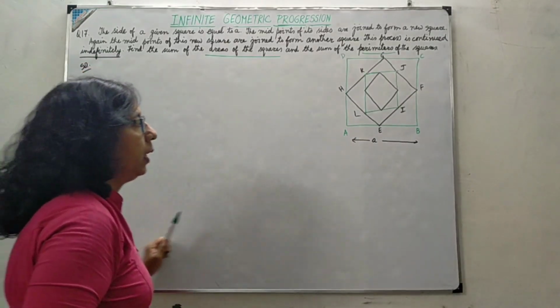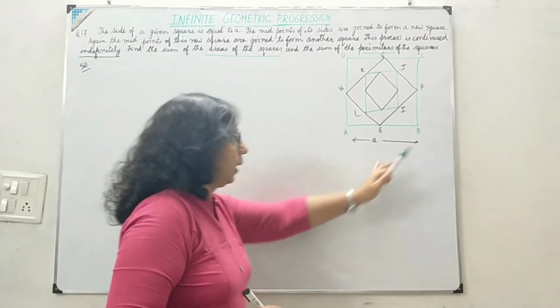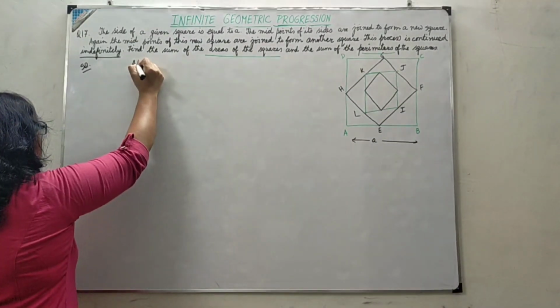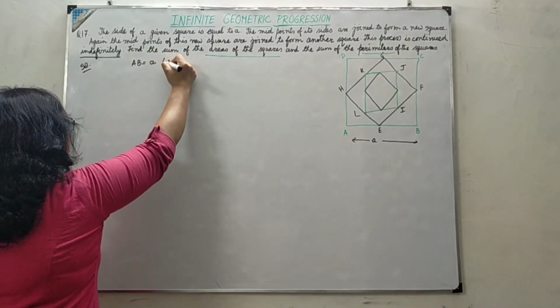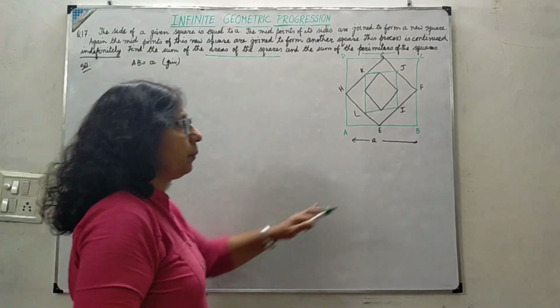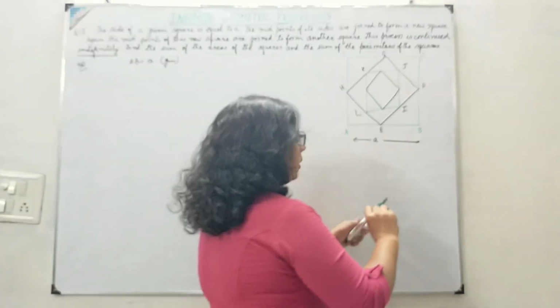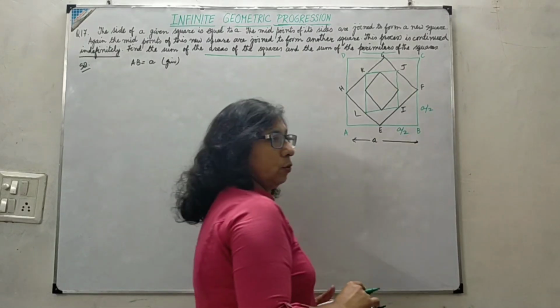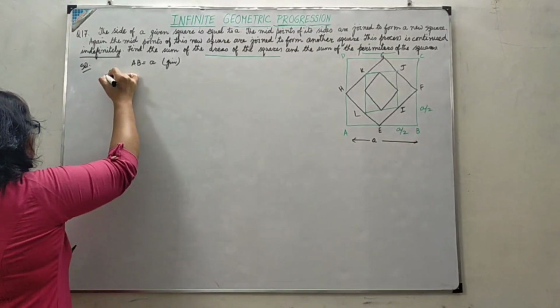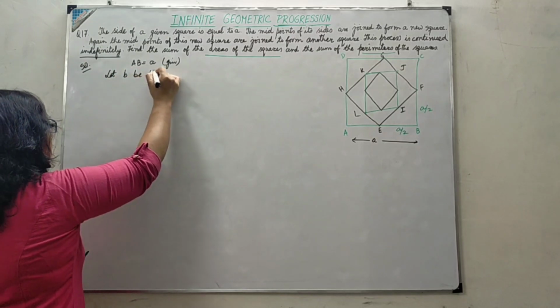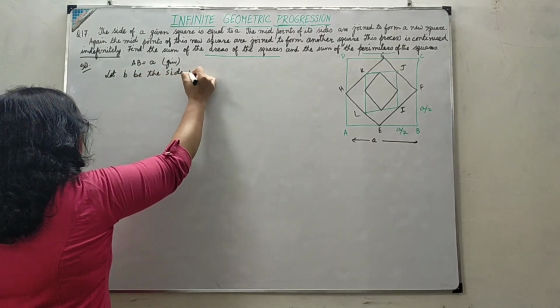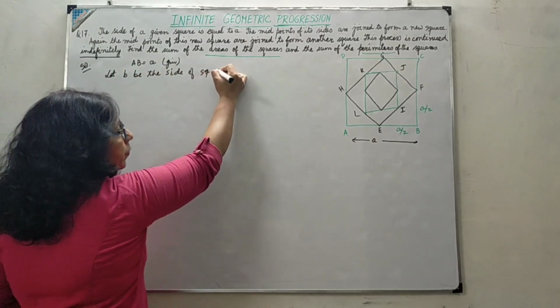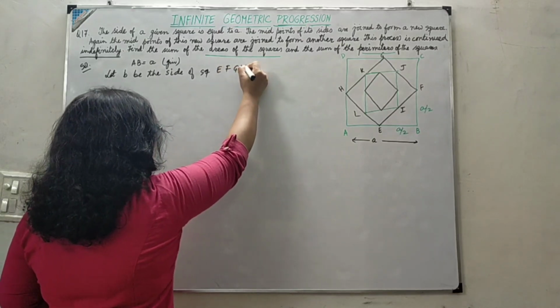Now AB, the given side AB, is A. Now if I take the midpoint E, that means this side is A by 2 and this is also A by 2. Let B be the side of square EFGH.